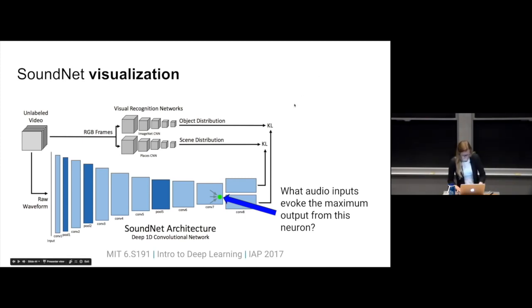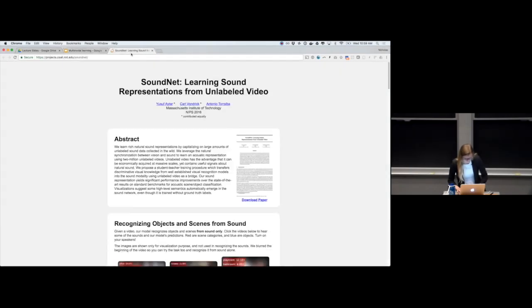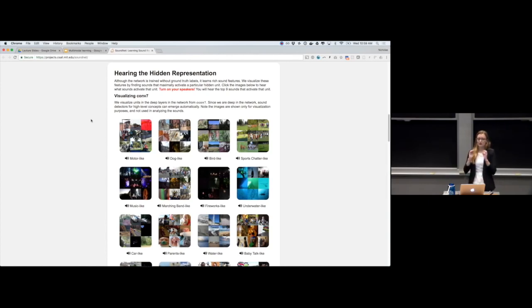So I've got a little visualization here. Again, these are each representing one neuron in this network in CONV7, the last hidden layer. And we expect them to learn these high-level representations of sound. But remember, these are all sort of unlabeled.